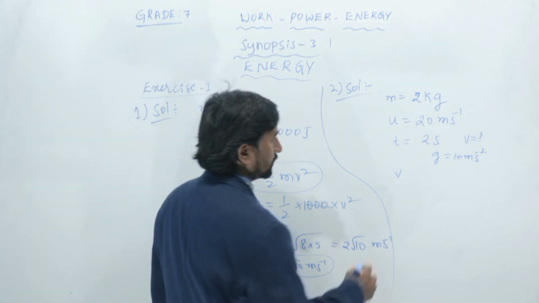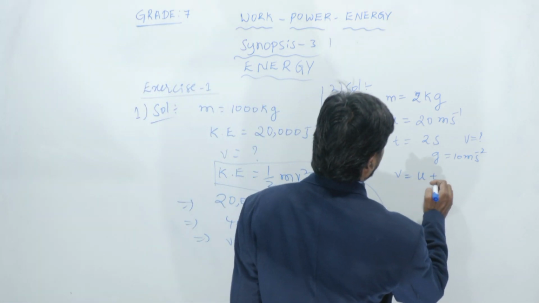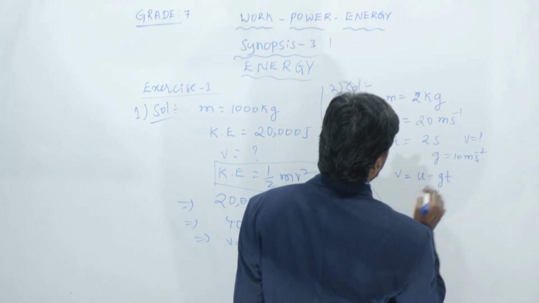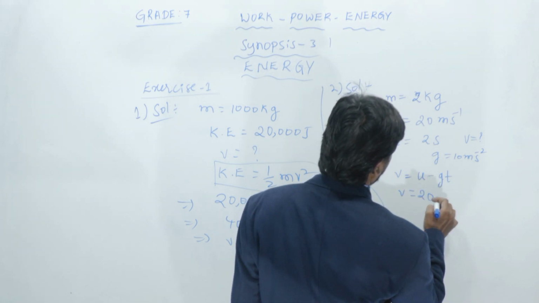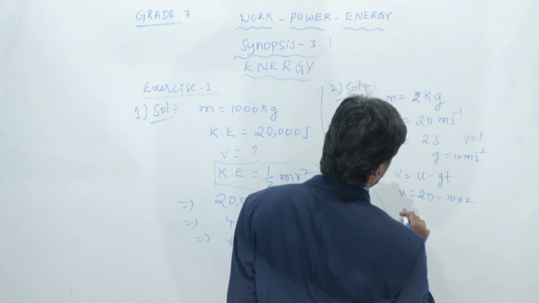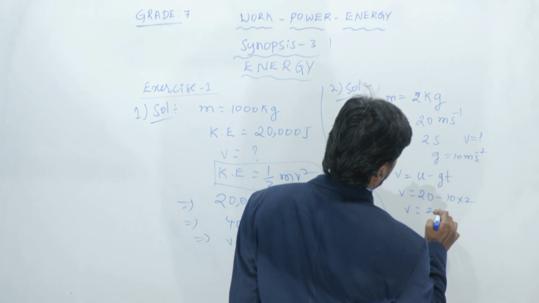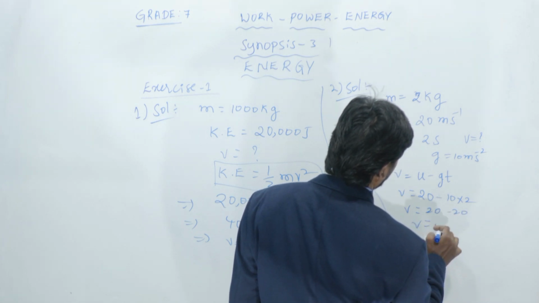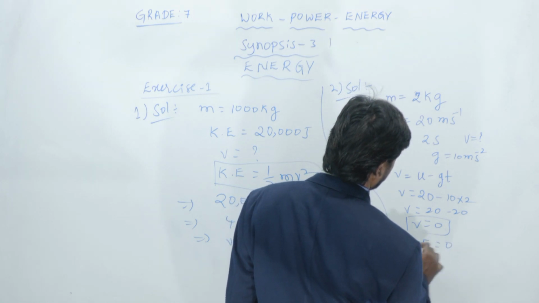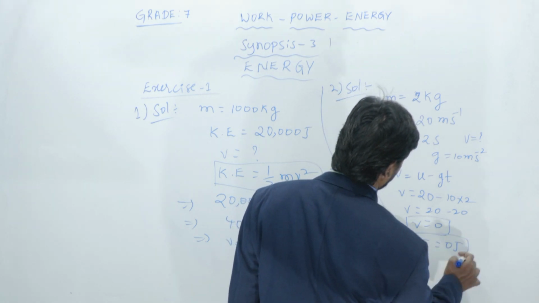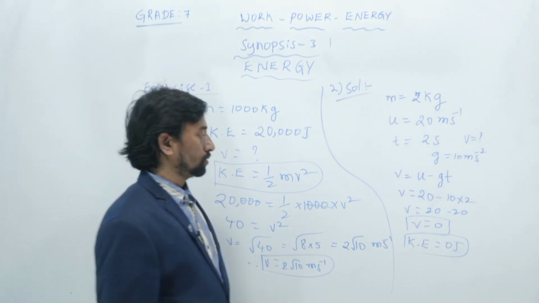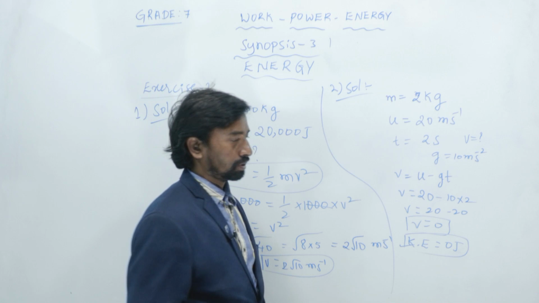Velocity v is equal to u plus at, where a is nothing but g, so we write minus. Now v is equal to 20 minus 10 into 2, which is 20 minus 20, so v is equal to 0. If v is equal to 0, the kinetic energy after 2 seconds will be 0 joules. The answer is 0 joules.